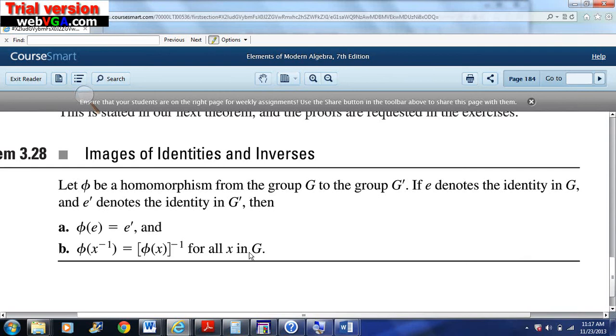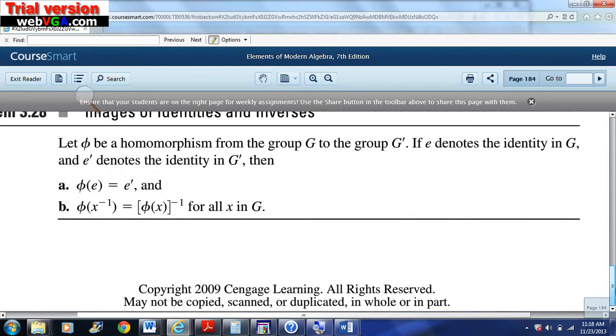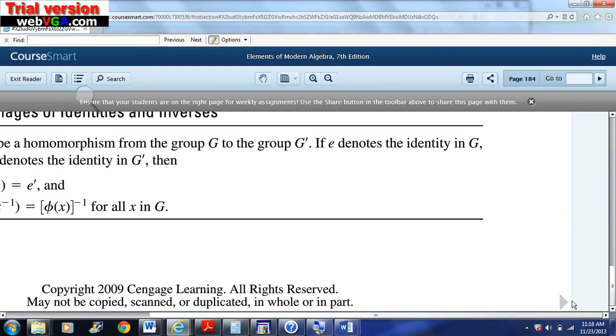And this is for all X in G. So you're looking at your images: the image of E would be E prime. The image of the inverse of X would be phi X inverse, because we're going to phi X inverse. So that's what we have there for the theorem. And let's go on to the next page.